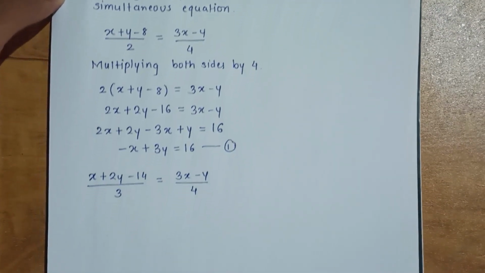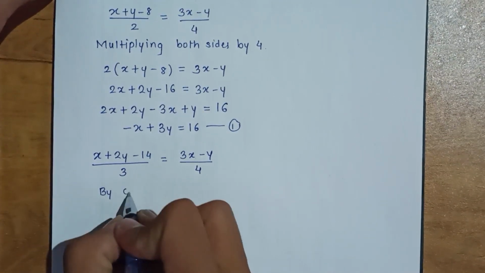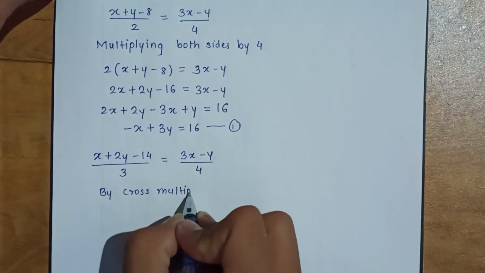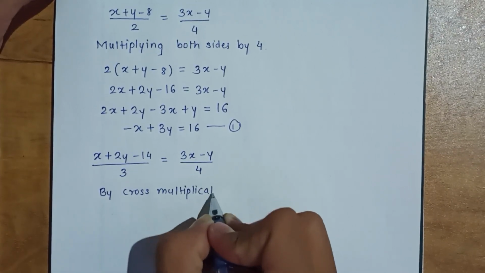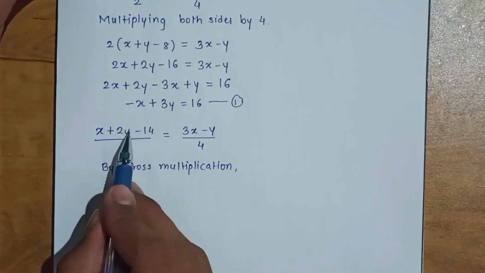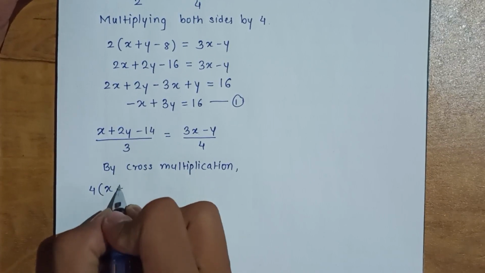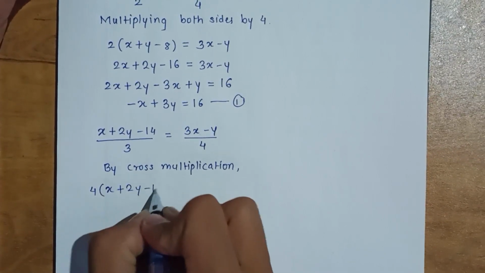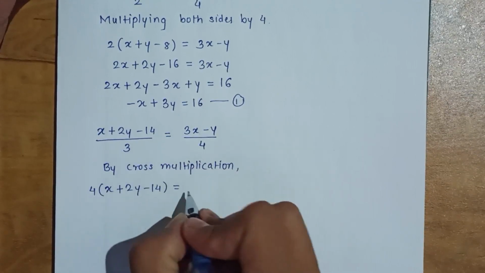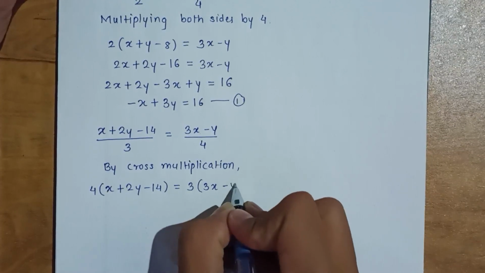Now here we will do cross multiplication. We will multiply this with 4, that is 4(x + 2y - 14), equals, here we will multiply this with 3, that is 3(3x - y).